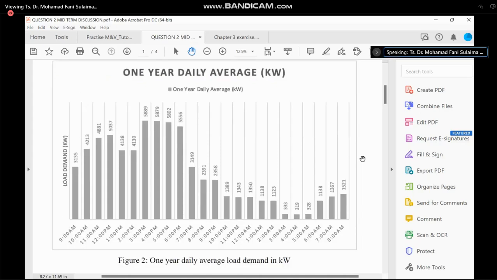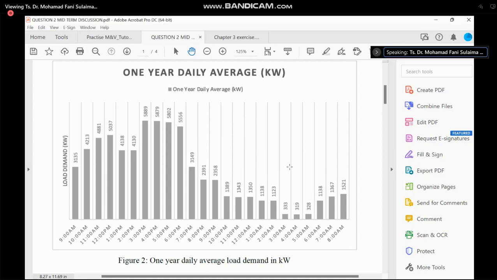For example, if 10 a.m. or 11 p.m. is the highest energy consumption, you cannot put that value as the maximum demand for this load profile, because maximum demand is considered during the peak hour only. So just pick the higher value during the peak hour only.